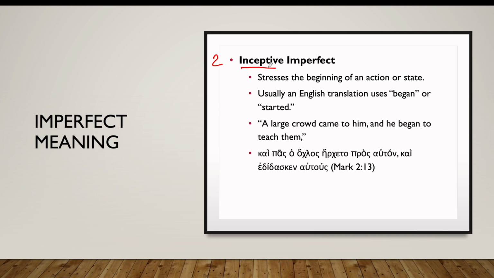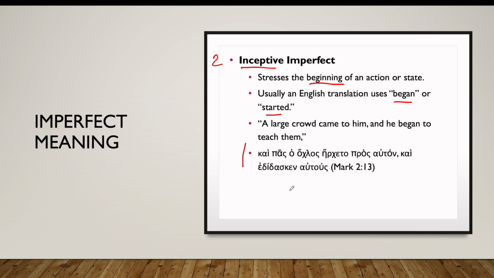inceptive imperfect. Inceptive means at the beginning of an action, okay? And when we translate it into English, we usually use the word began or started with the verb. So here's an example from Mark 2.